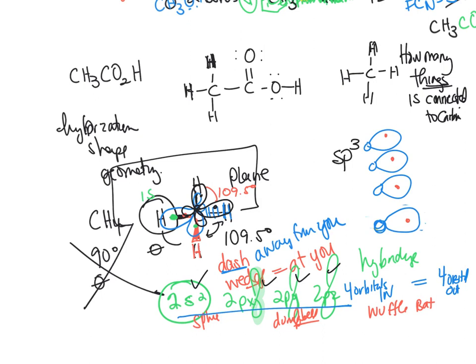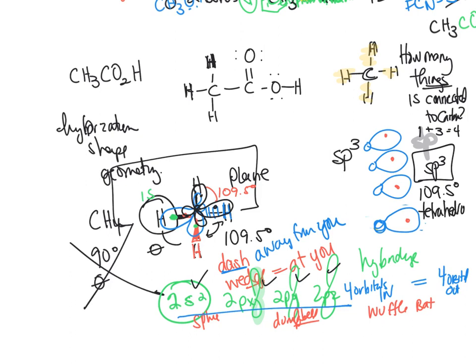I would say, okay, there's 1 thing there, 2, 3, 4, and then I add my sp, and I go 1 plus 3, 1 plus 3 is 4. So this is sp3, and that carbon there is an sp3. And I have memorized that this is 109.5 degrees bond angles, and this is tetrahedral.